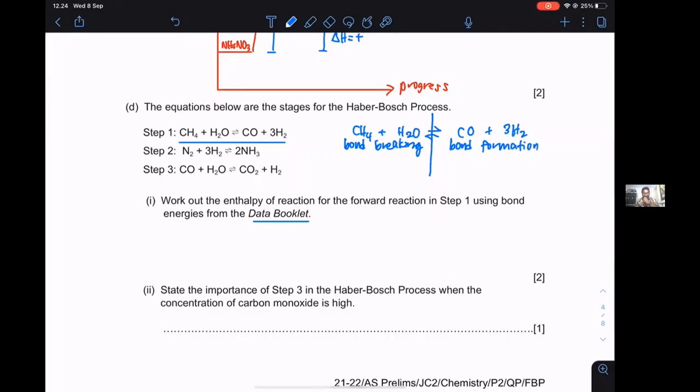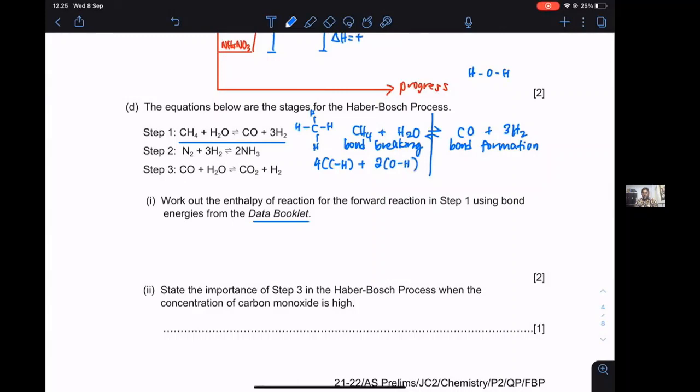When I have this, I need to look for the bonds between carbon and hydrogen. CH4 has 4 bonds between carbon and hydrogen. I need to add water, H-O-H, with 2 bonds between O and hydrogen.